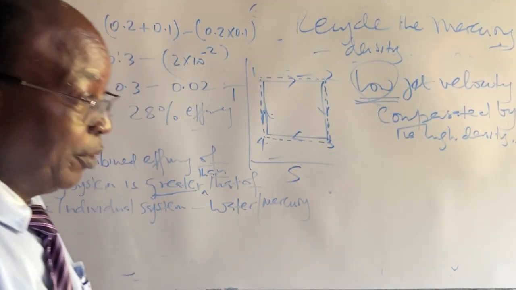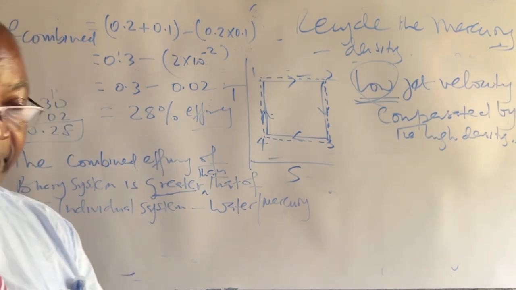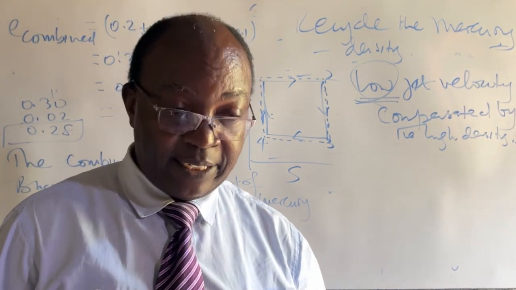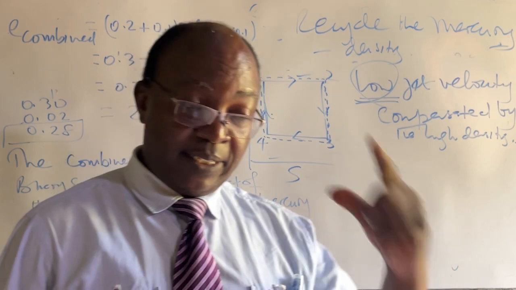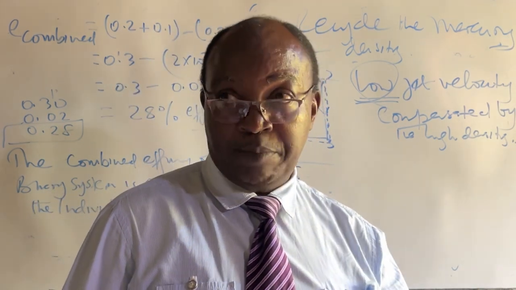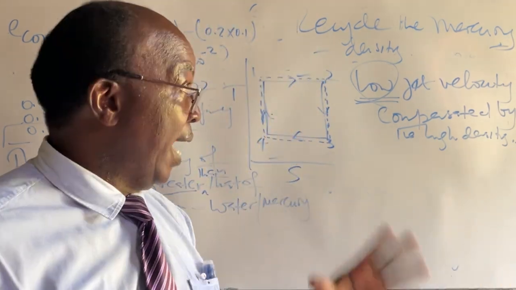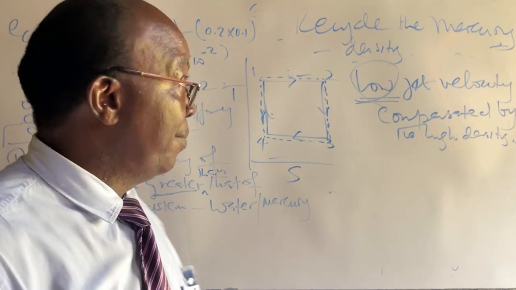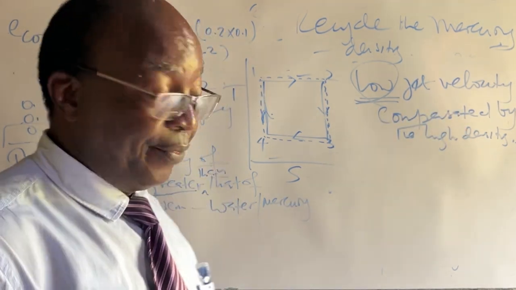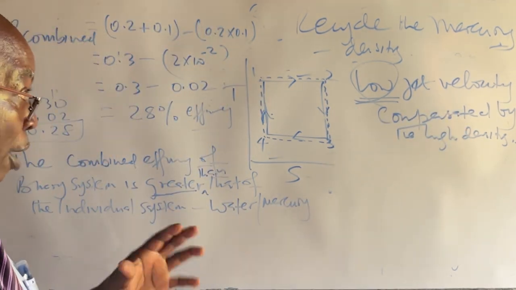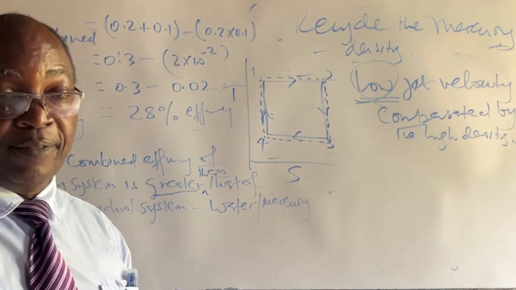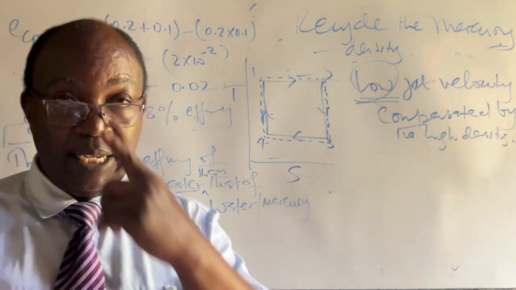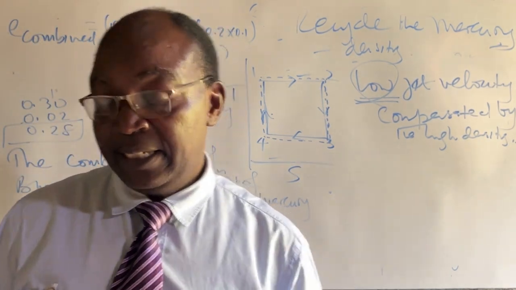And so mercury has all the advantages. Yes, it has low latent heat, fine, but it has a high boiling point. And like we have said, because of those density elements, we are able to do a few things with the mercury. So we'll stop at that point in terms of the combined efficiency of binary cycles.